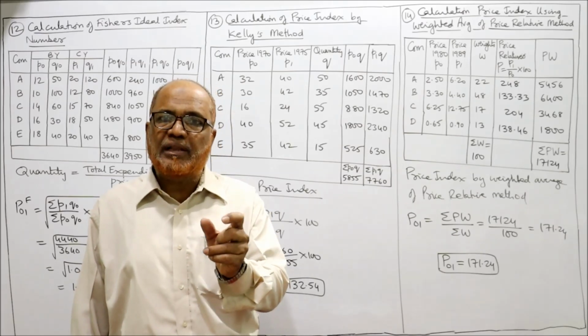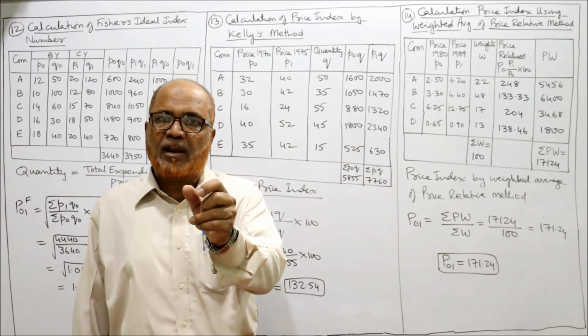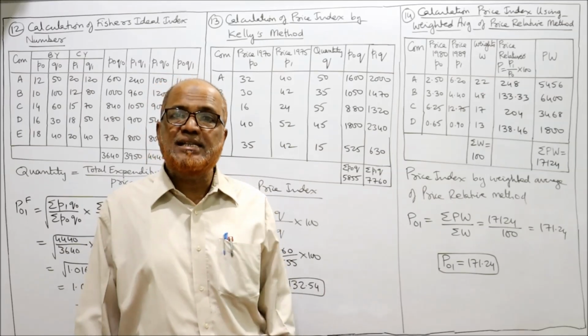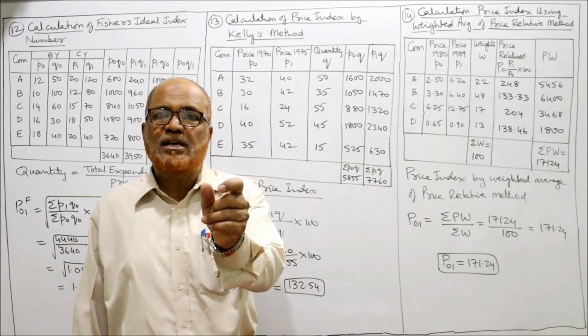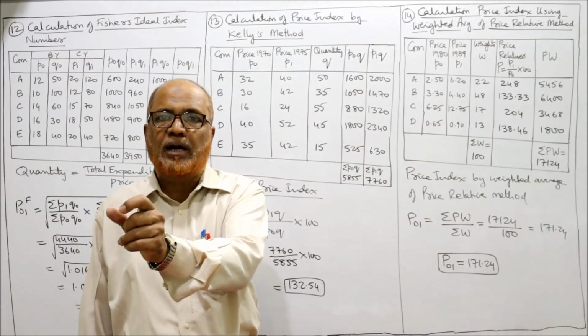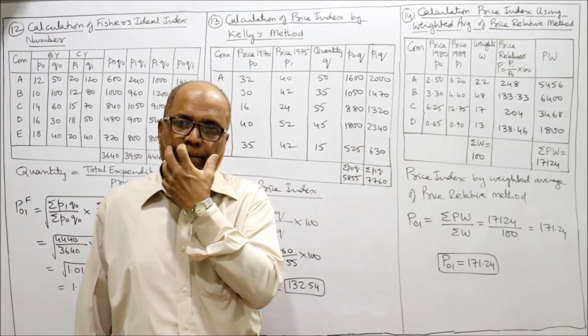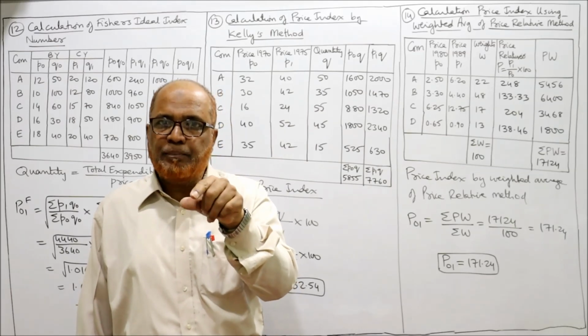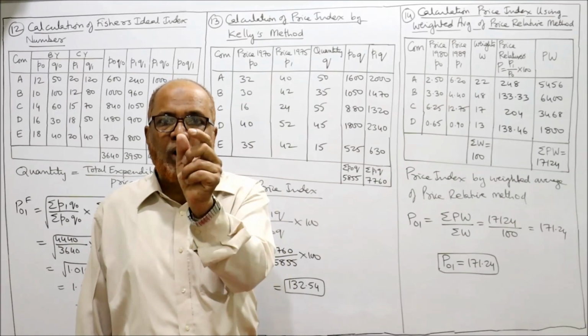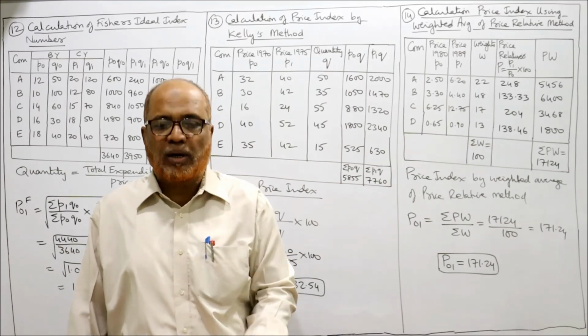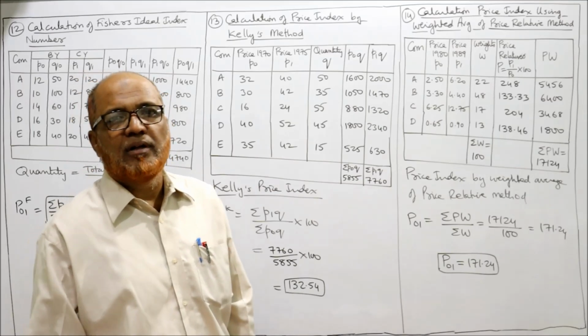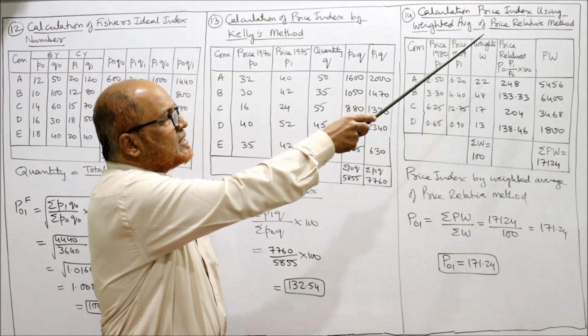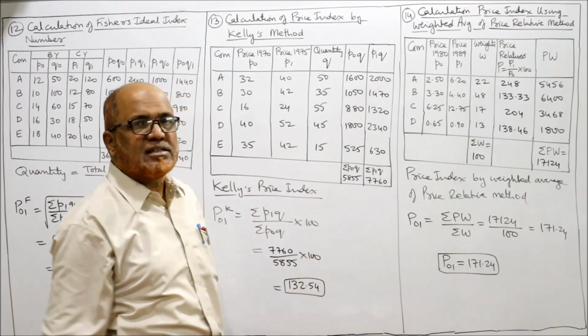Price relative का मतलब होता है percentage of current year price over base year price. इसका formula P is equal to P1 by P0 into 100 for every item. Capital P is equal to small P1 by small P0 into 100. ये price relative. So calculation of price index using weighted average of price relative method.